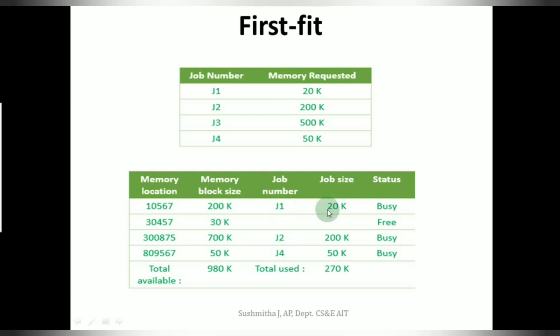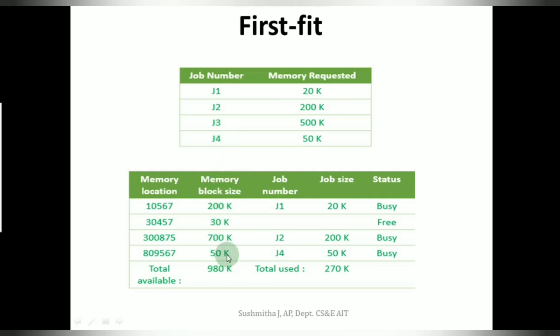Now you can see the size of the job and what is allocated. So here again there is a possibility of fragmentation. Again job 2, what is the next available hole that fits in? That is 700 KB. And job 3, what is the next available hole that fits?